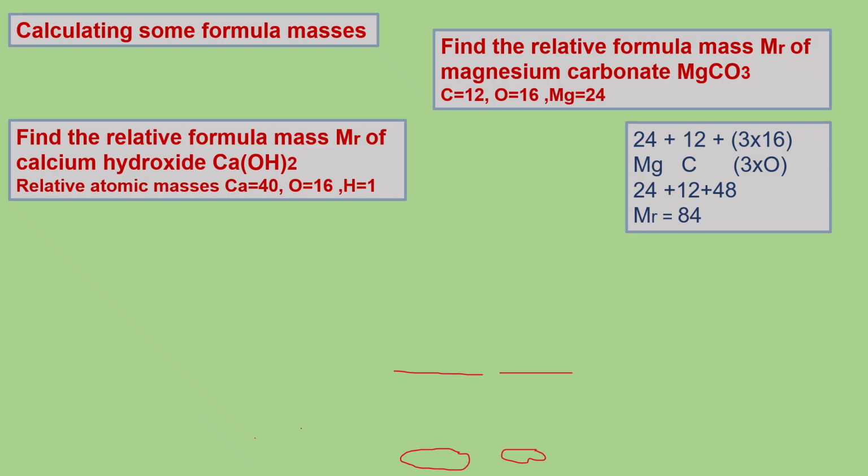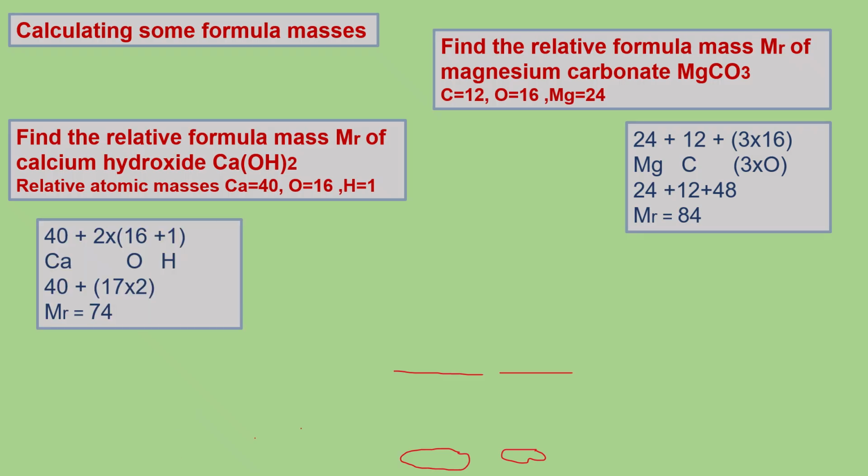You multiply the number of atoms times the relative atomic mass. So 40 plus 2 times 16 plus 1. OH is 16 plus 1, times 2. You do the multiplication first, then you add, and the result is 74.